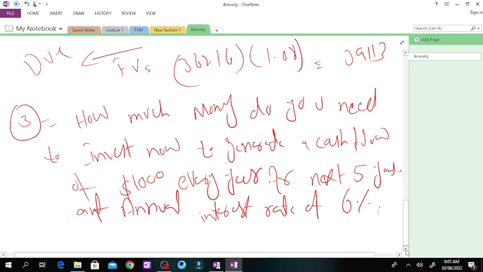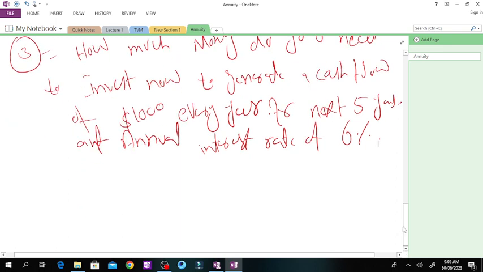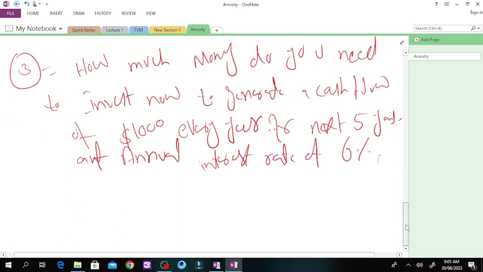Okay, what is the example? How much do you need to invest now to generate a cash flow of 1,000 every year? So you want to generate a cash flow, so how much do you need today? The example is very clear: how much you need today to generate a cash flow of 1,000 for every year.